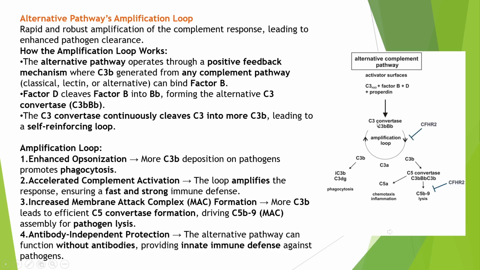Once this is there, your C3b will now do its different functions, with C3b, C3a, C3b with convertase complex, etc. So finally, several immune responses like phagocytosis, chemotaxis, inflammation, cytokine release, immune defense, recruitment of phagocytic cells, and pathogen lysis, pore formation, MAC formation, etc., occur.